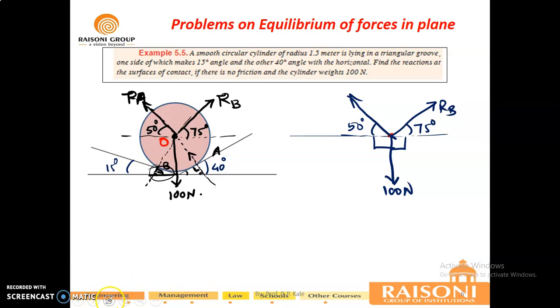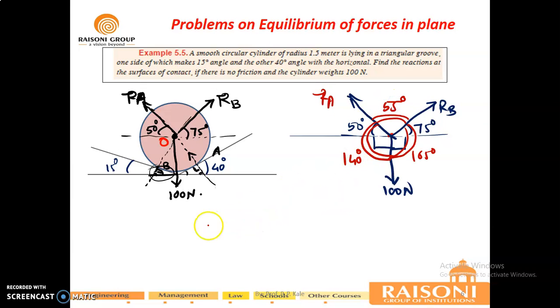So what about these total angles? These total angles will become 50 plus 90, that is 140°, 90 plus 75, that is 165°, and after subtracting these two you will get this third angle as 55°. Yes, so this will be your 55°.